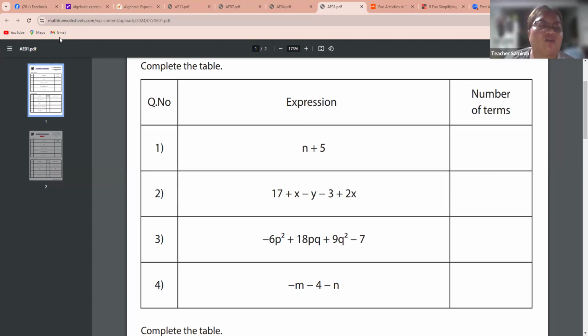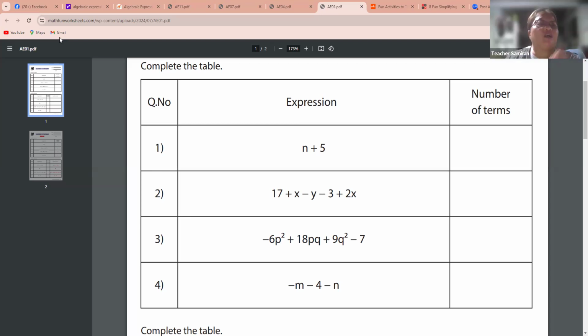Just simply choose between 1 and 2. The answer will be either 1 or 2. How many terms? According to Inda, 1.